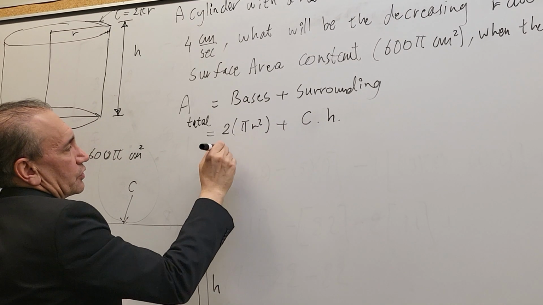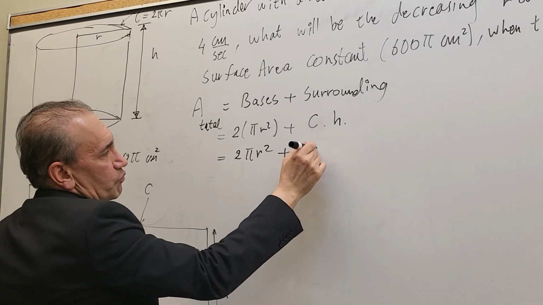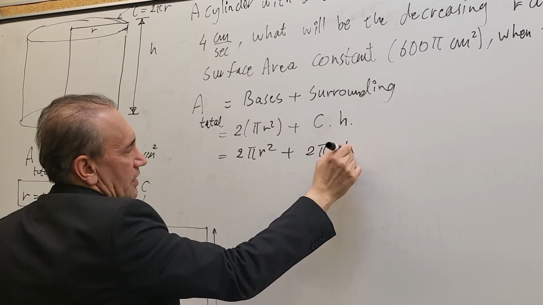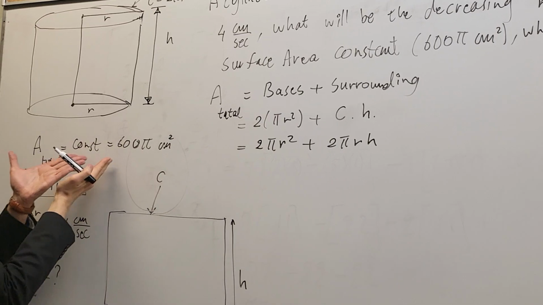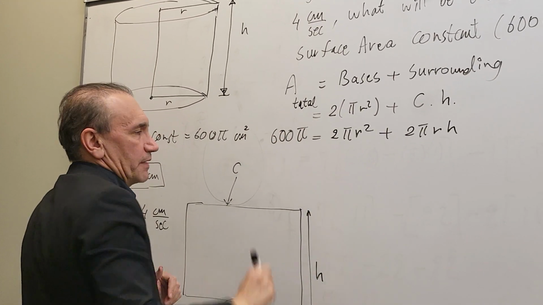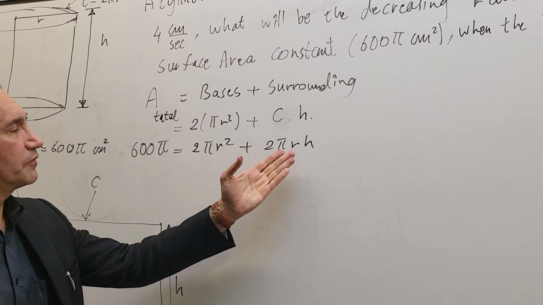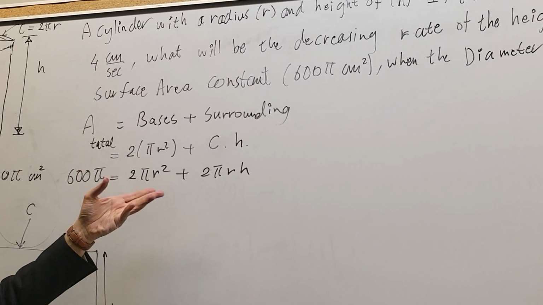So I can substitute and make it 2 pi r squared plus 2 pi r h, and the total surface area from the question is 600 pi. Now I am trying to solve for h with respect to r.